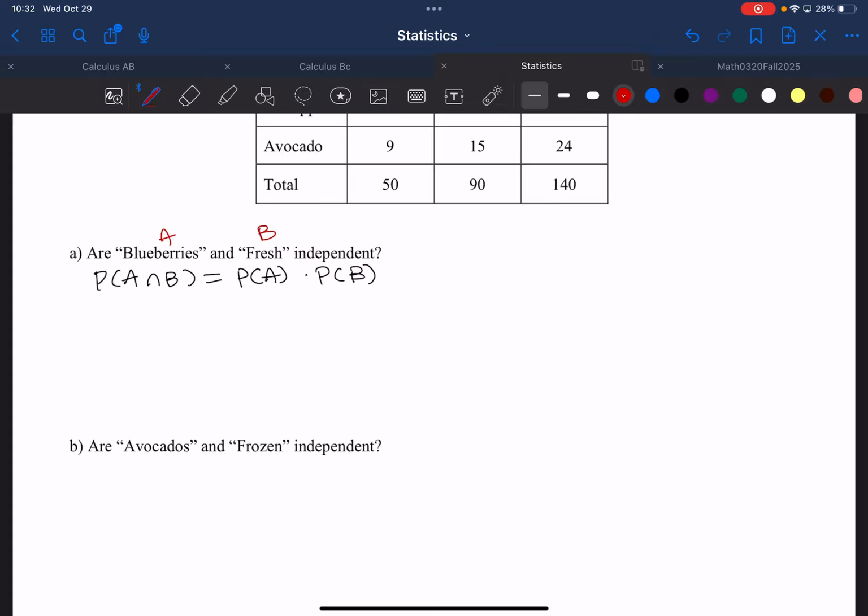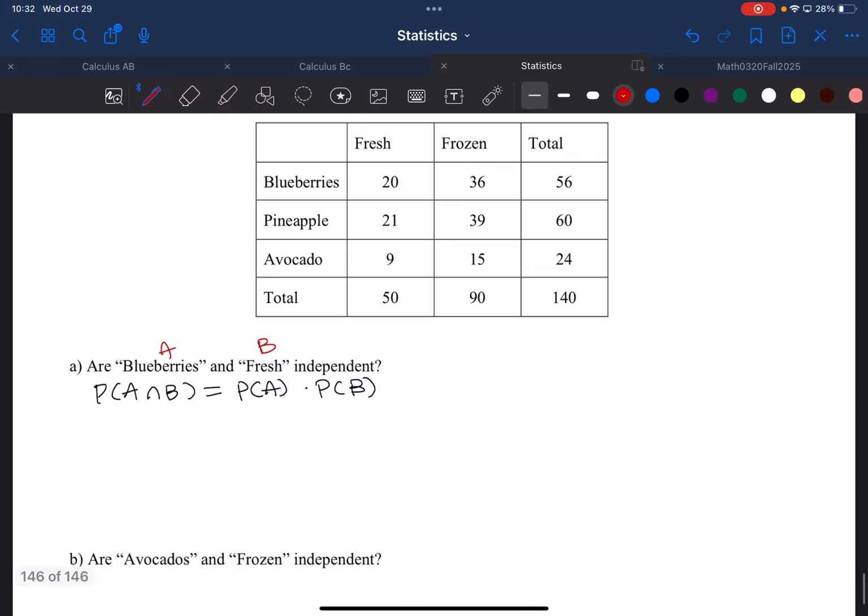So what's the probability of blueberries and fresh at the same time? 20 over 140. So this is 20 over 140 is equal to, and then we look at just the probability of blueberries. 56 over 140, and then the probability of just fresh. 50 over 140, okay?